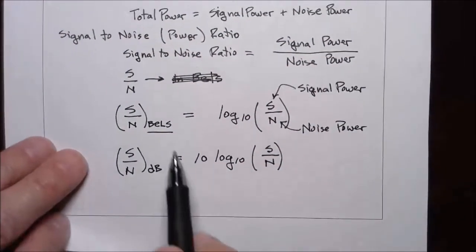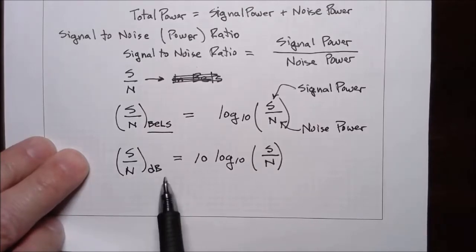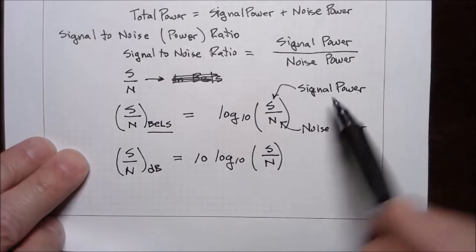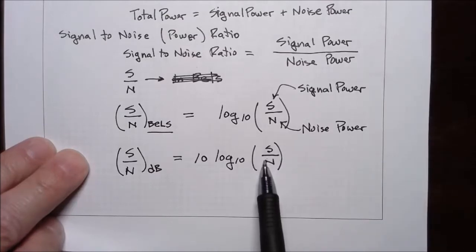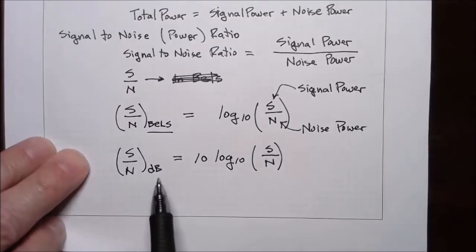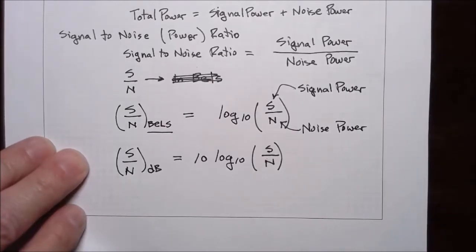So to find the signal to noise ratio for any signal in decibels, you take the signal power, divide by the noise power, then take the log base 10 of that, and then multiply by 10, and that gives the signal to noise ratio in the units of decibels, which is the traditional way of measuring a signal to noise ratio.